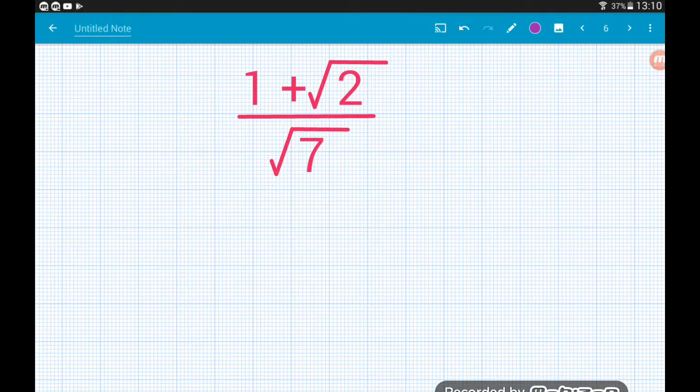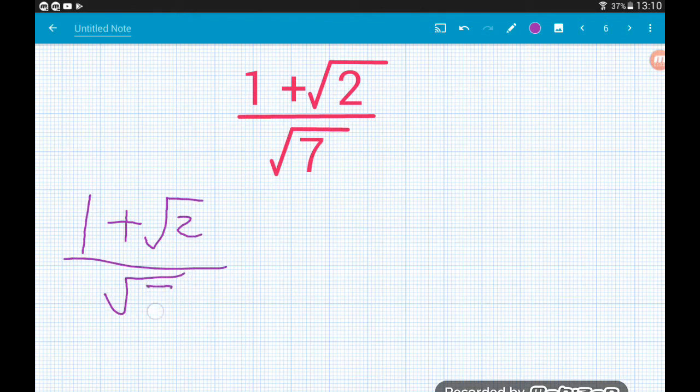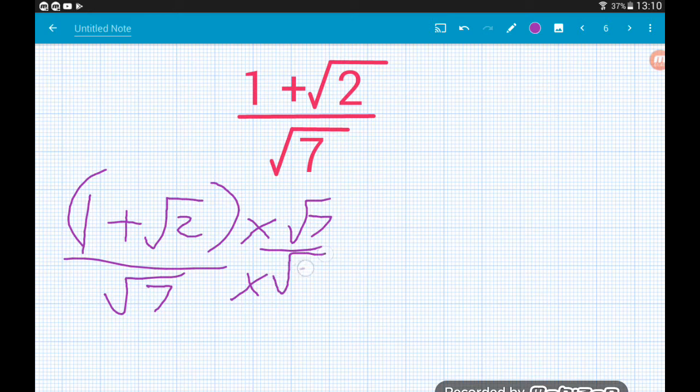Okay, again a little bit different. We've got two terms up on top now, but we're carrying on exactly as we have up to here. We're just going to multiply the top and the bottom by root 7. If you like, think of the top as being in brackets. Up on top, we're going to be doing 1 times root 7 and root 2 times root 7.